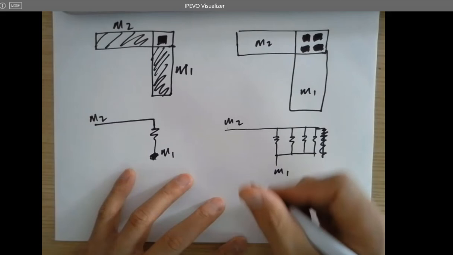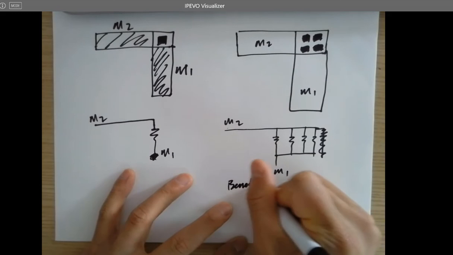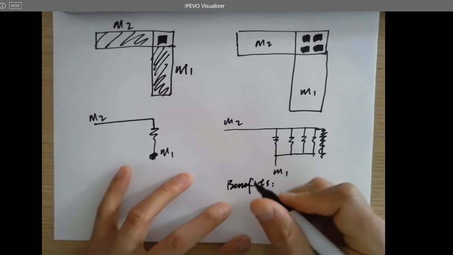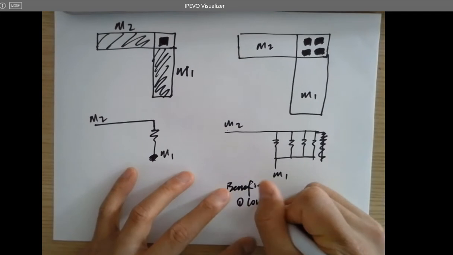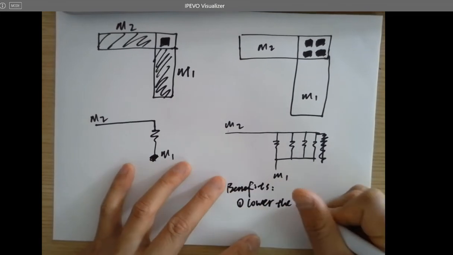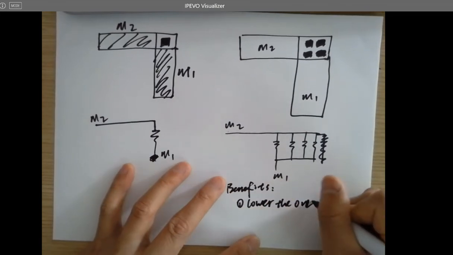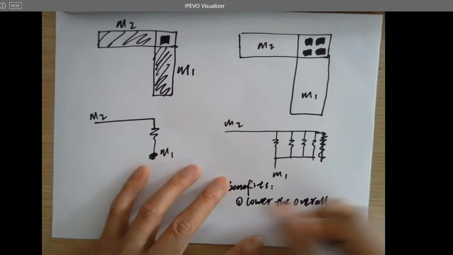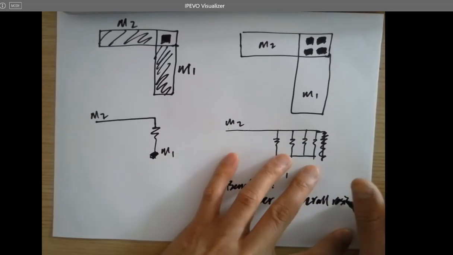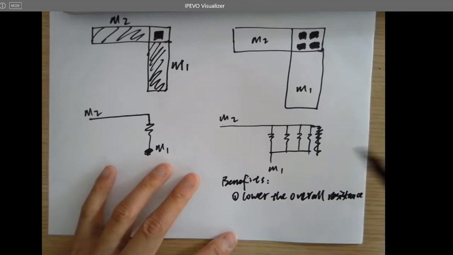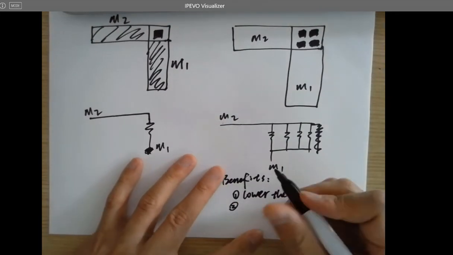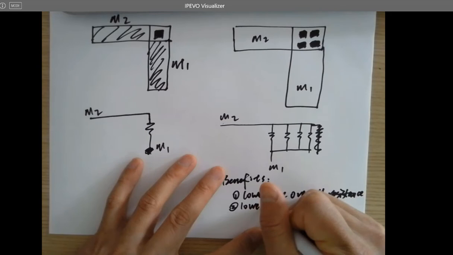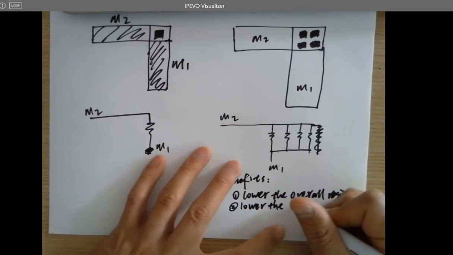The first, lower the overall resistance. Second, can lower the current for each via.